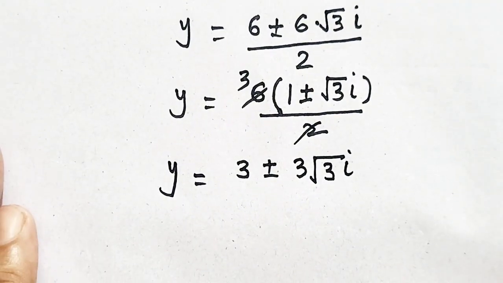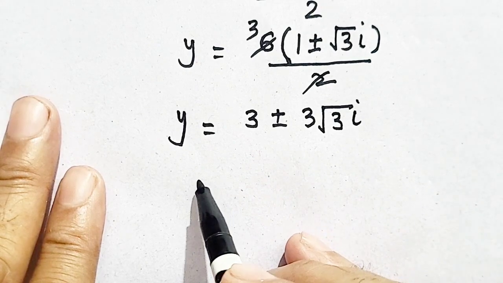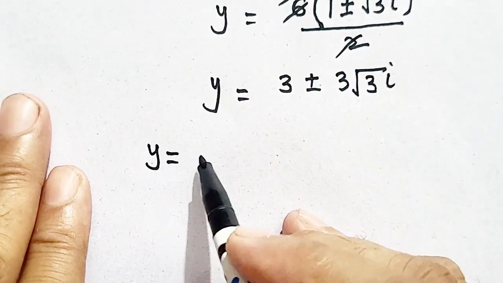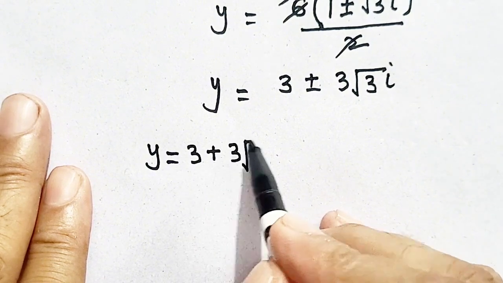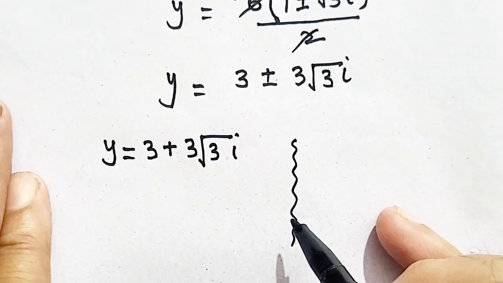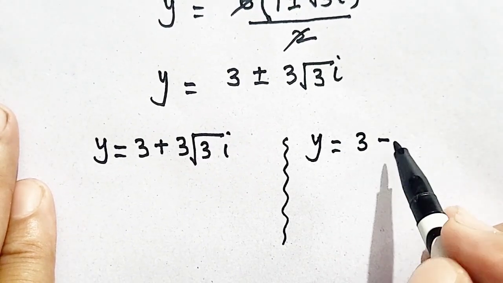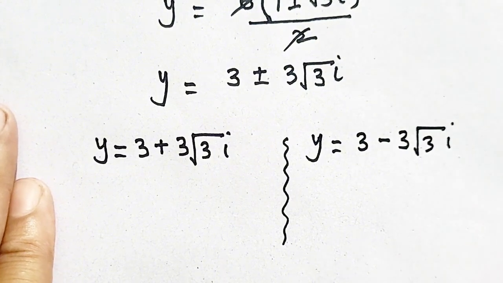It is the value of y. Now y is equal to 3 plus 3 square root 3 iota, or y will be equal to 3 minus 3 square root 3 iota.